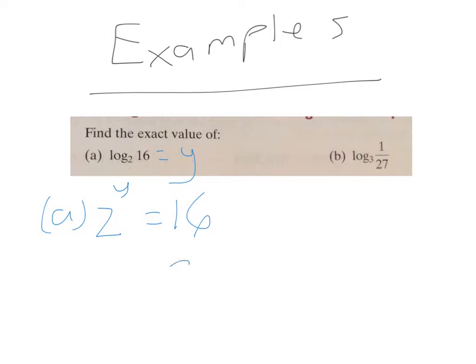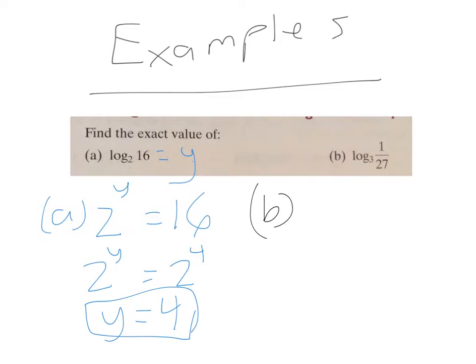Remember, 16 can be rewritten as 2 to the 4th, which means y would be 4. Because if 2 to the power of y is equal to 2 to the power of 4, then that means the exponents would have to be equal, so that's why y is 4.